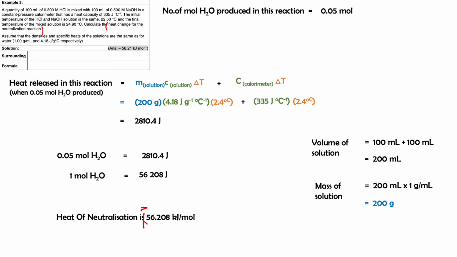How do I know it is producing heat? Because the final temperature is increasing from the initial temperature, which means this reaction is releasing heat. So there you go. This is the answer.